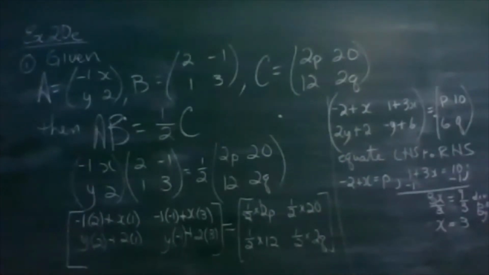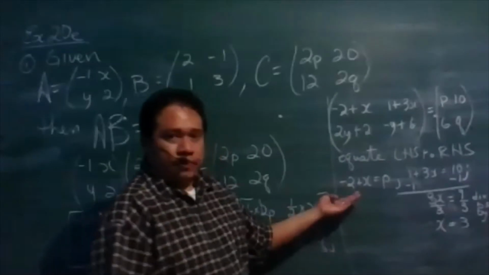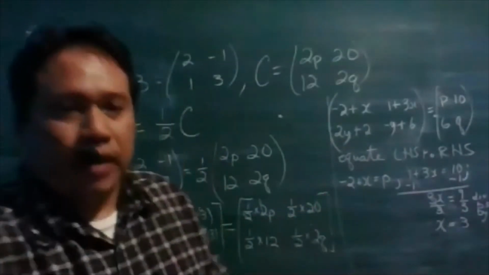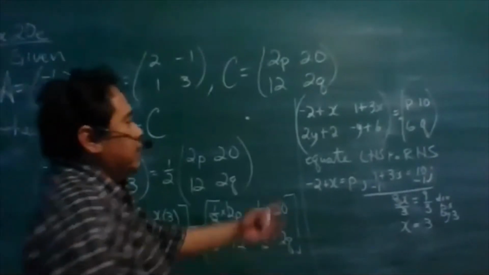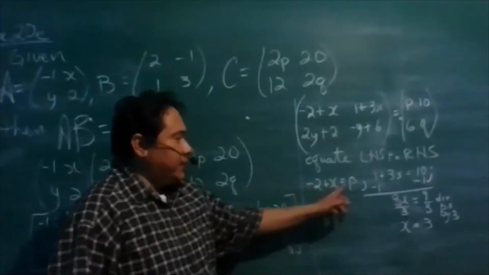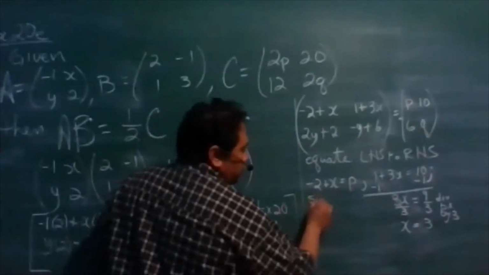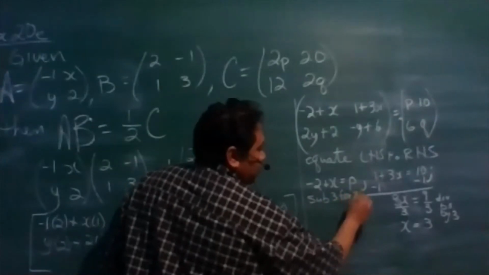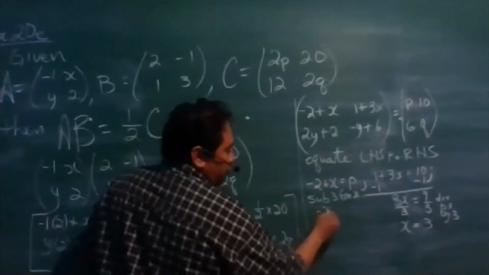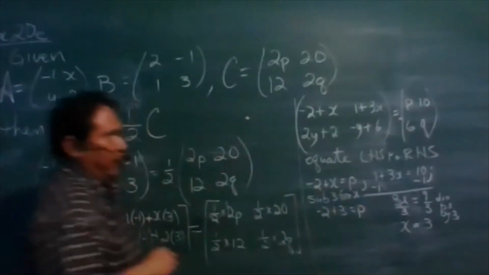Now that I have that, I can answer the first part, which says negative 2 plus x equals p. So if I substitute 3 for x, that means that I'm going to have negative 2 plus the 3 should give me p.